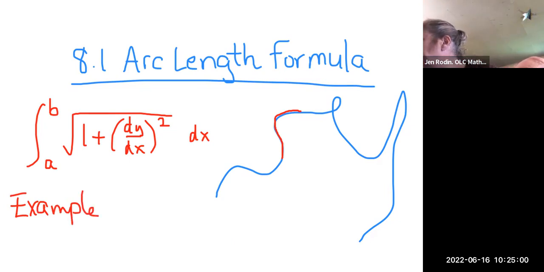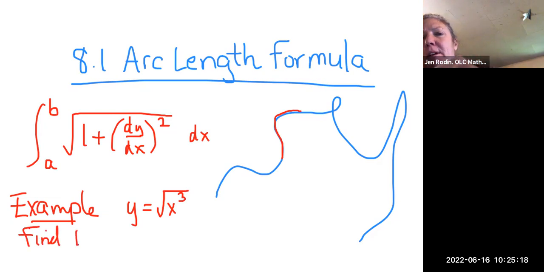Example. Let's look at y equals the square root of x to the 3rd as your curve, and find the arc length. They'll either give you between 2 points or 2 x values.